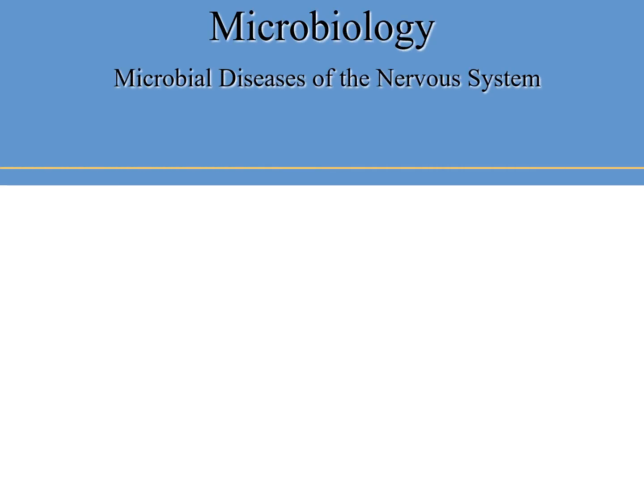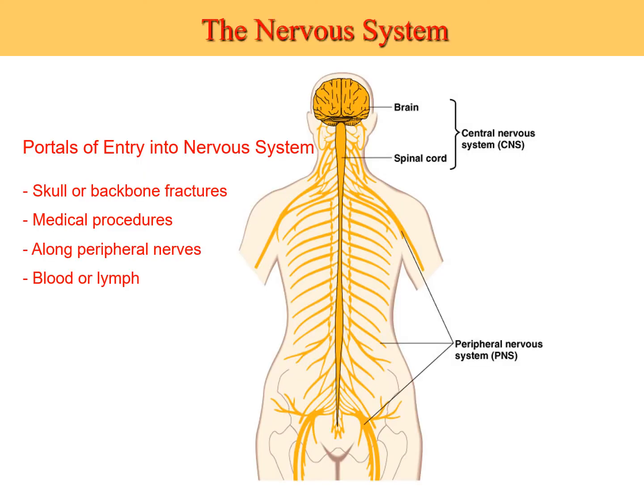Okay, let's go to microbial diseases in the nervous system. We'll start with bacterial and move then on to viral infections. Remember that the nervous system is quite protected, quite tightly closed.